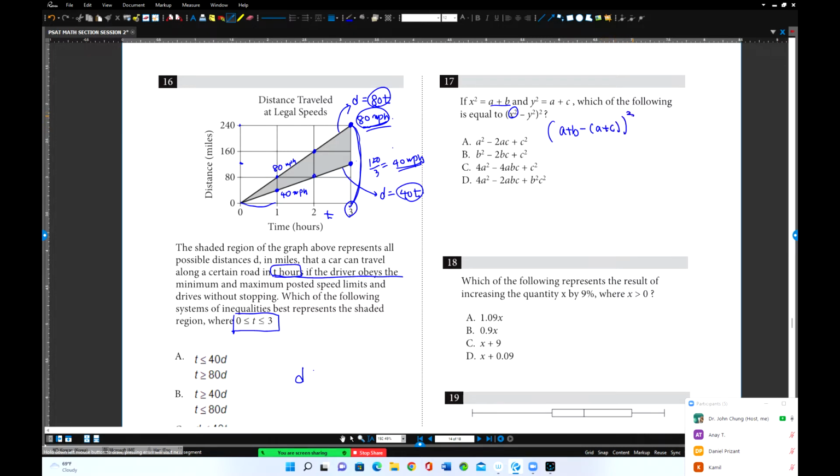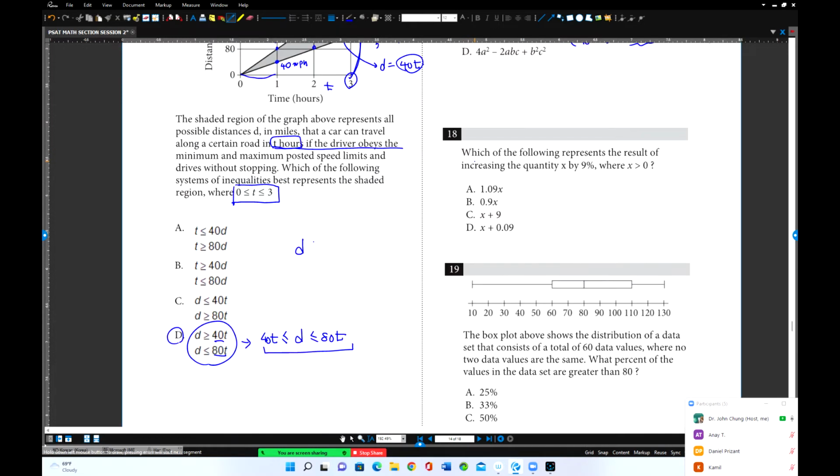And another square. A plus B minus A minus C. A cancelled out. Inside the parenthesis, we got only B minus C, squared. You know that, right? How to expand this one? B squared minus 2 times BC plus C squared, okay?